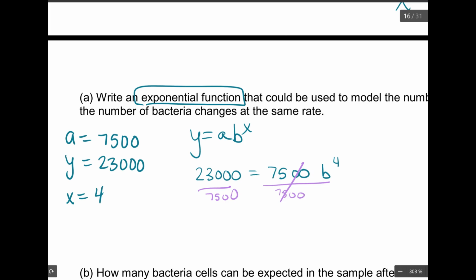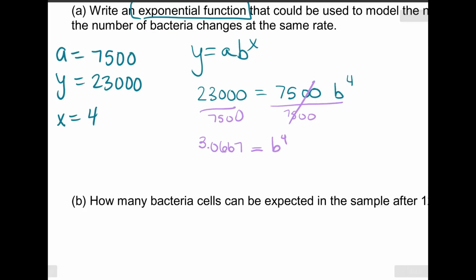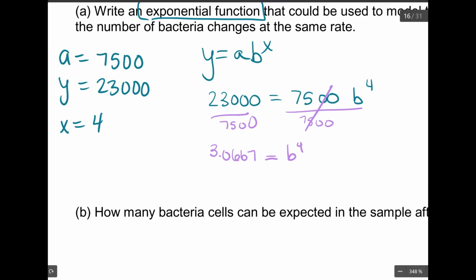Okay. So then I'm going to have 3.0667 equals B to the 4th power. So think to yourself, how would you get rid of this 4th power? I could do the 4th root on both sides, or I could put both sides to the 1/4 exponent.